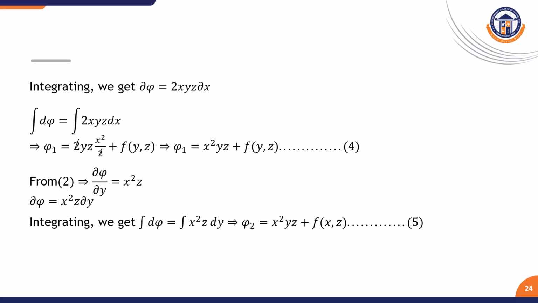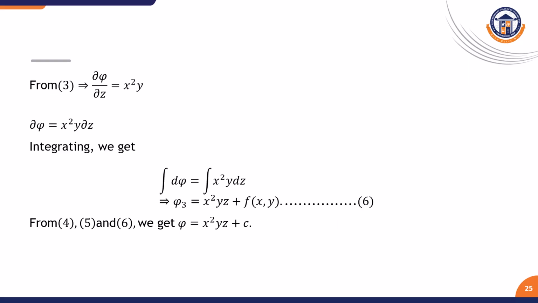Similarly, from 2 we find phi 2 is equal to x squared yz plus some constant. From 3, dou phi by dou z equals x square y. We collect the phi term on the left hand side and the z term on the right hand side. Then integrating on both sides, we get phi 3 equal to x square yz plus f of x comma y. This f of x comma y is a constant.